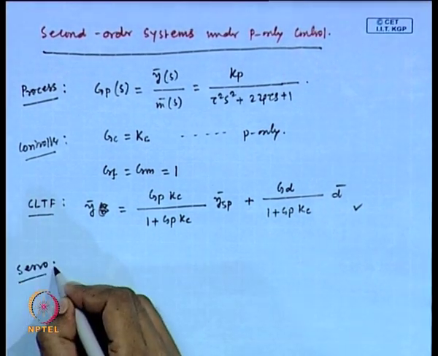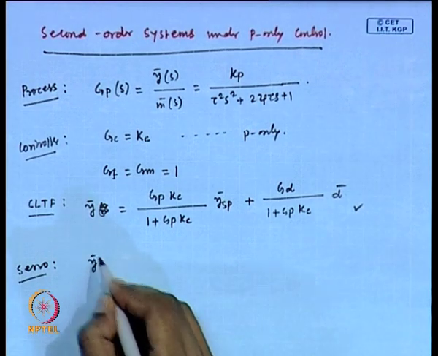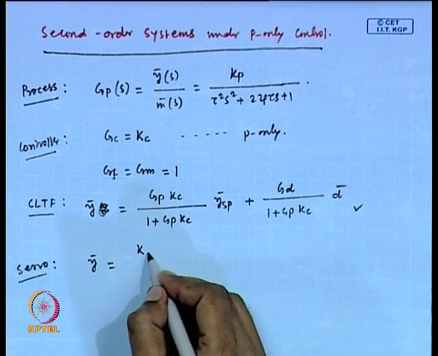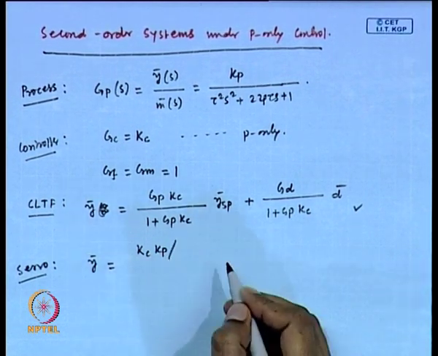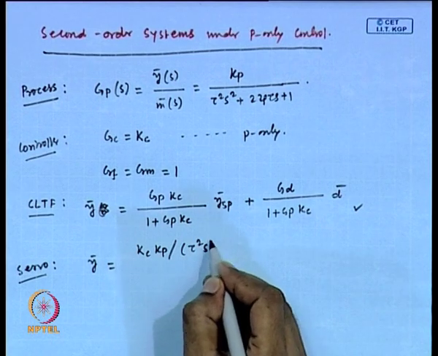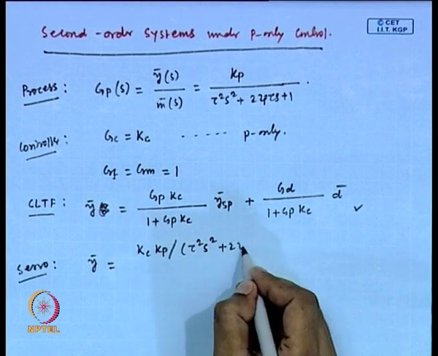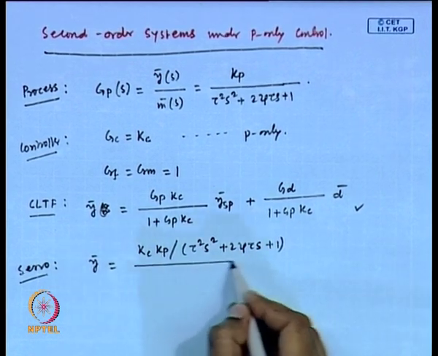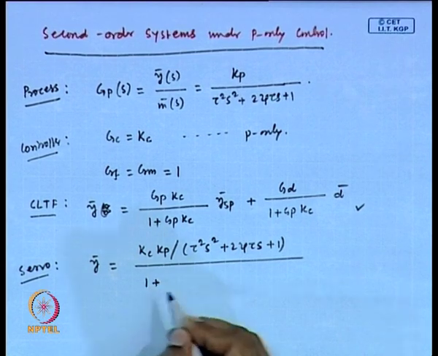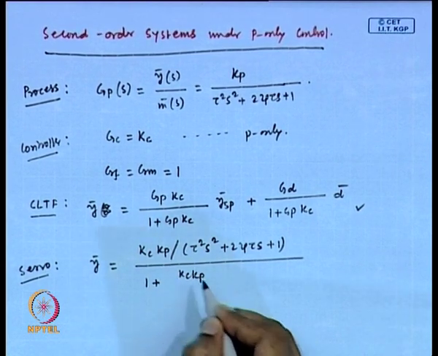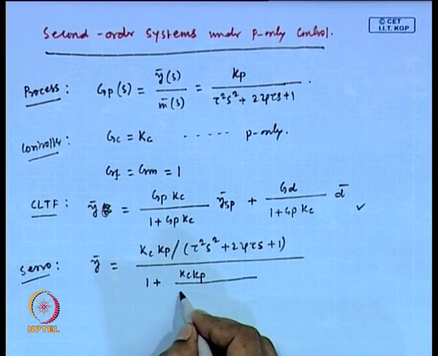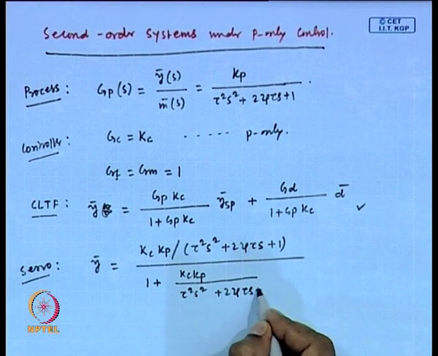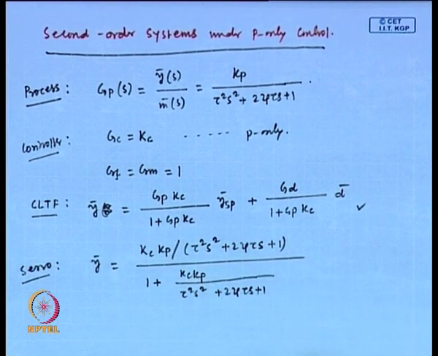So, for the servo case, the transfer function yields y prime equals Kc Kp divided by tau square s square plus 2 zeta tau s plus 1, divided by 1 plus Kc Kp divided by tau square s square plus 2 zeta tau s plus 1.